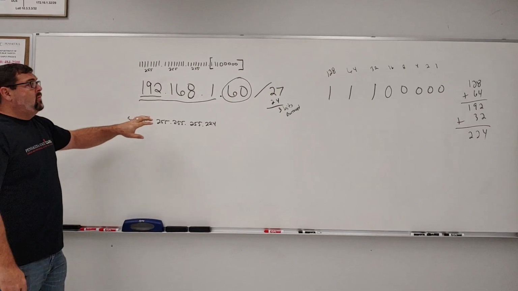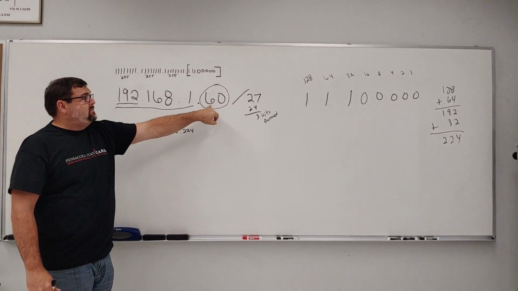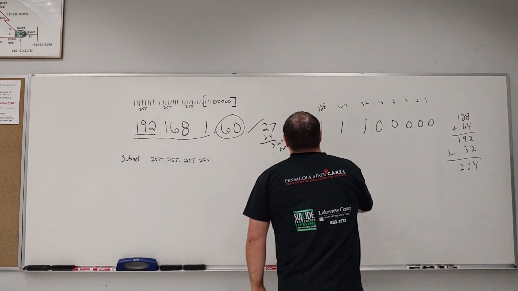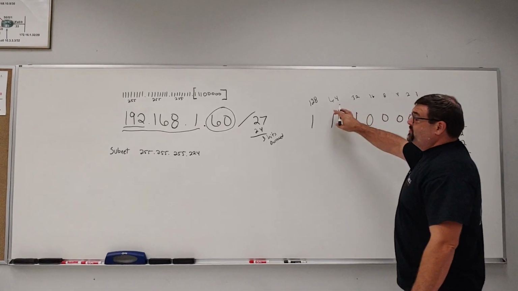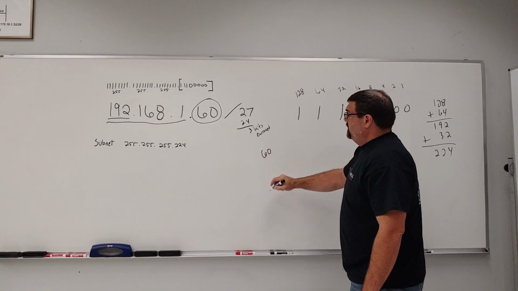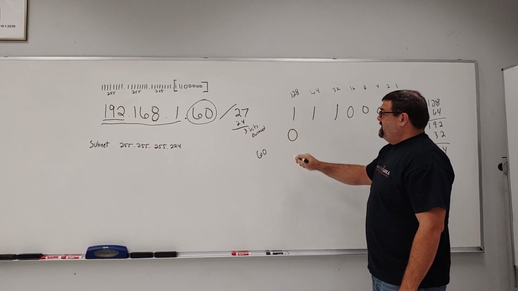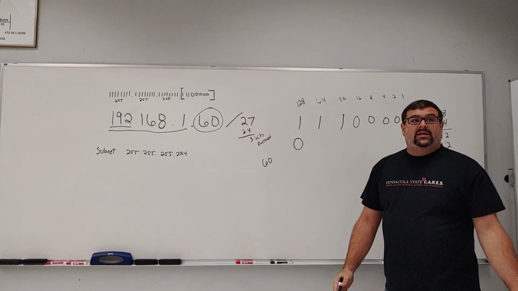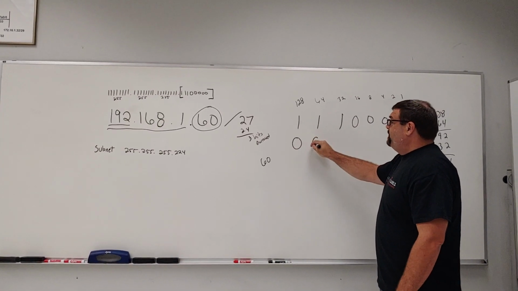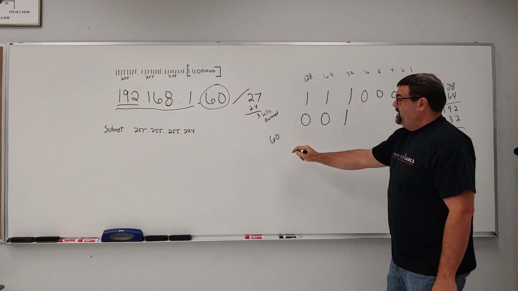Okay, so now to figure out what group this one resides in. All right. So remember, we got our set values. Let's start with 60. 128 will not go into 60. We're just going to go basic addition, subtraction, math. 64 will not go into 60. 32 will go into 60.